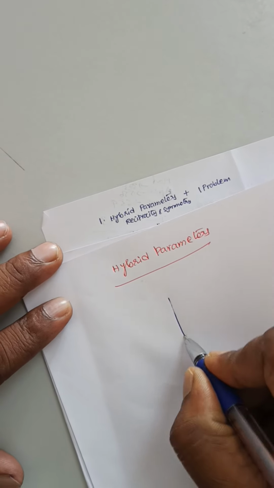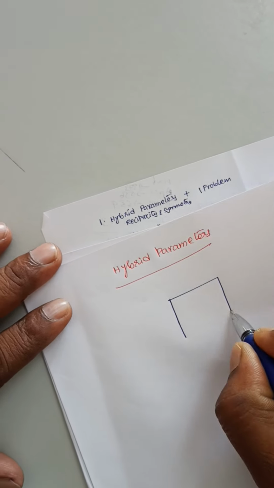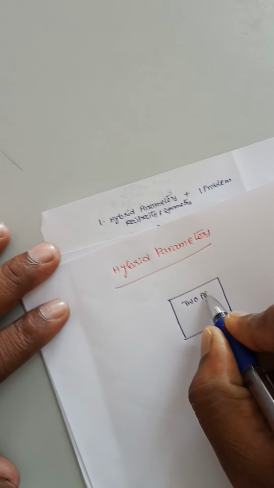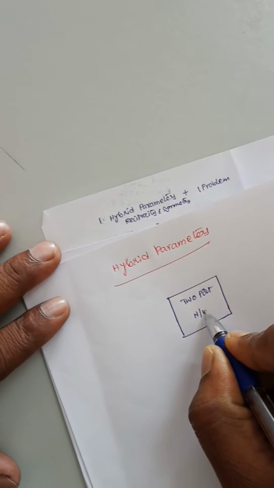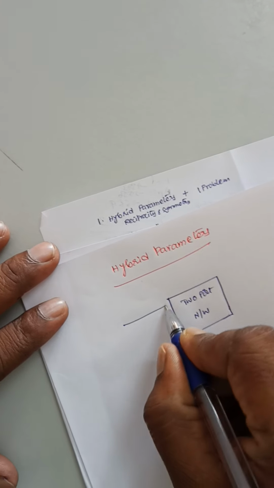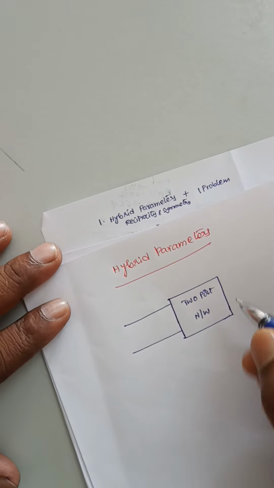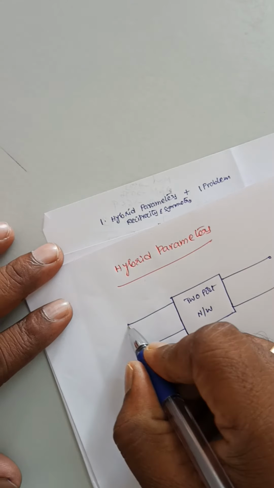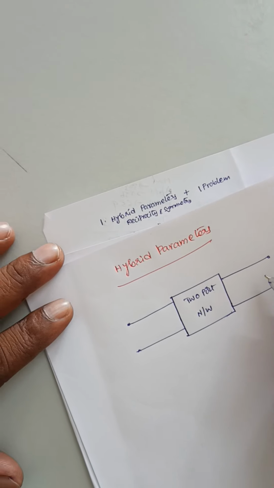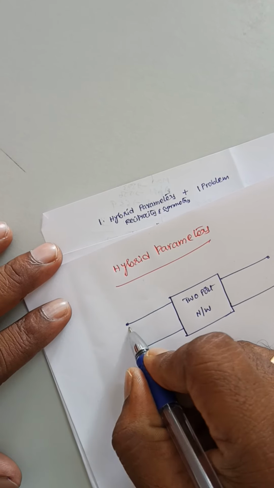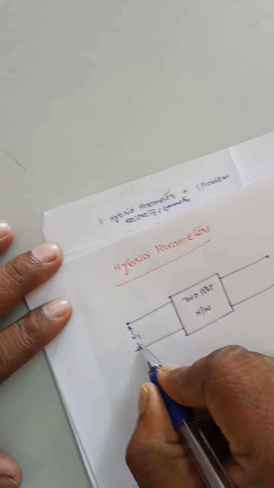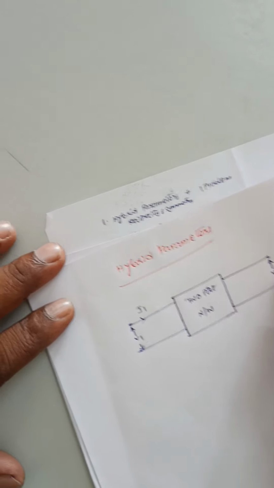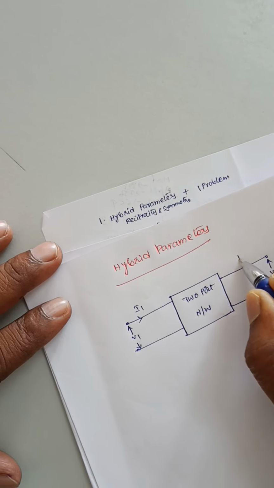So here this is the two-port network. Okay, so this is the input port. Let me assume this is the output port. So here it is V1, it is I1, it is V2, it is I2.